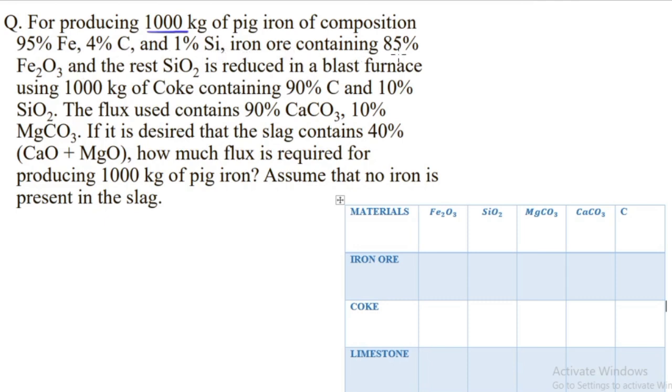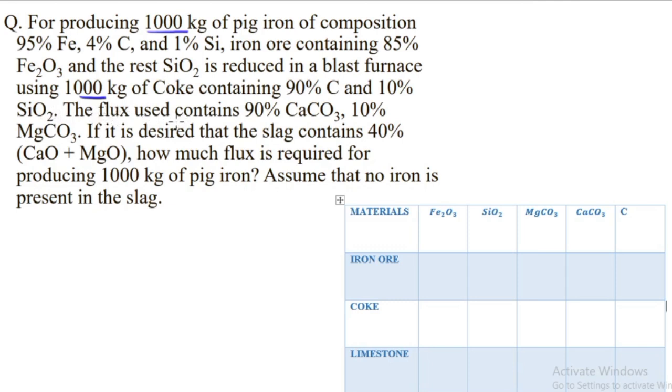Iron ore containing 85% of hematite and the rest is silicate is reduced in a blast furnace using 1,000 kilograms of coke containing 90% of carbon and 10% of silicate.